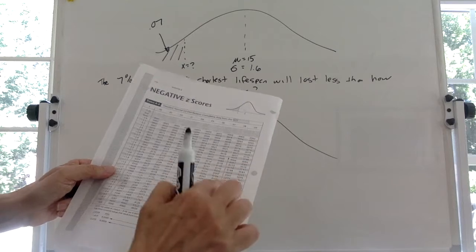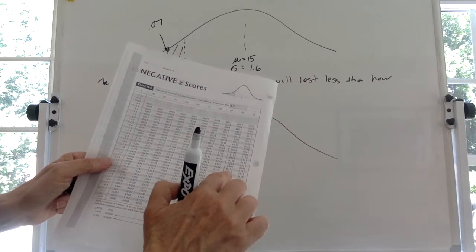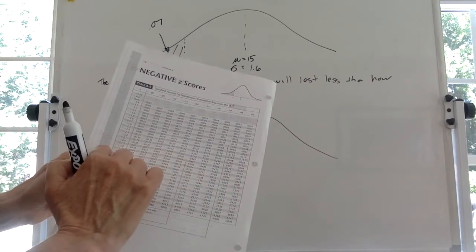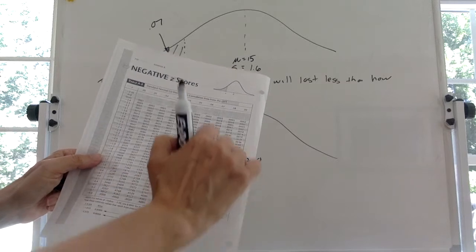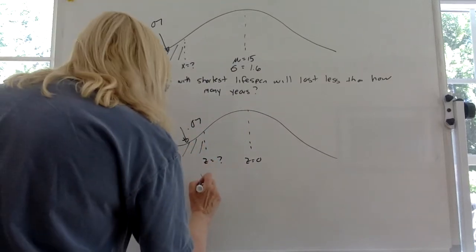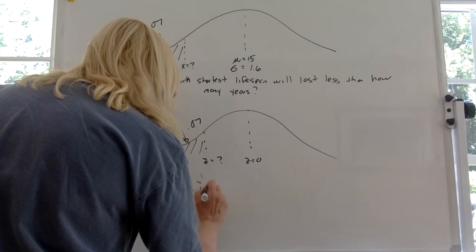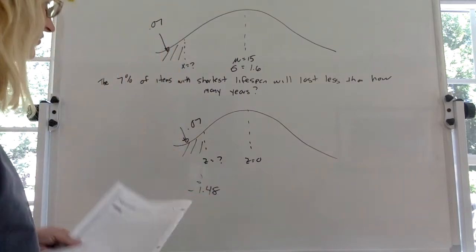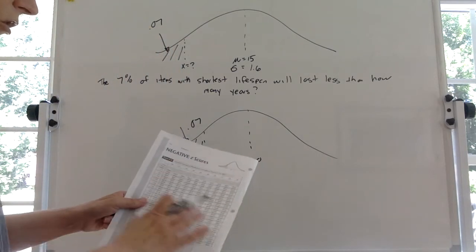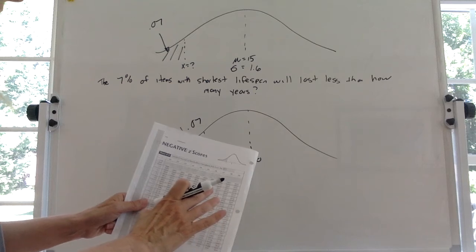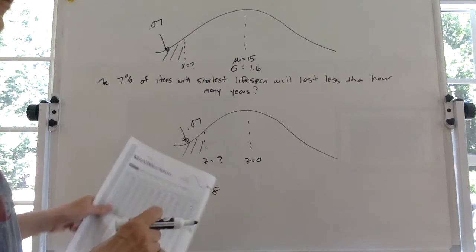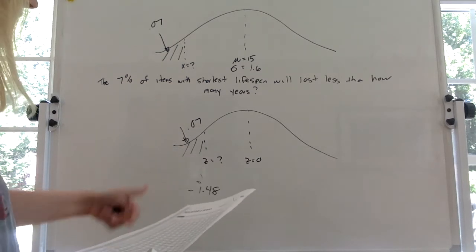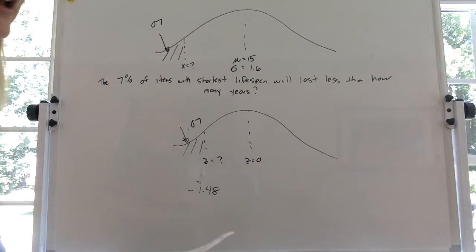So what z corresponds to 0.0694? You go across, it's negative 1.48. So you went to your negative table, you looked for the closest thing to 0.07 in the body, and you got the z that corresponded to it. So now we have a z of negative 1.48.